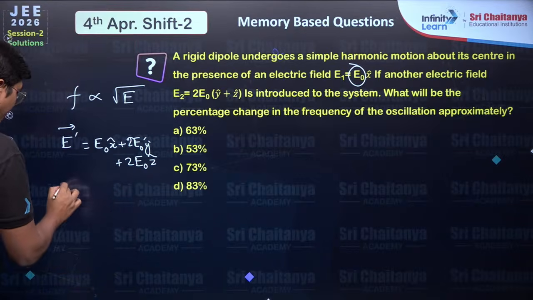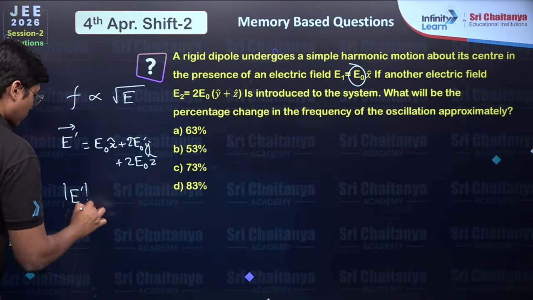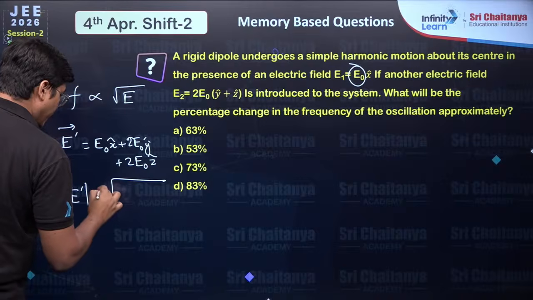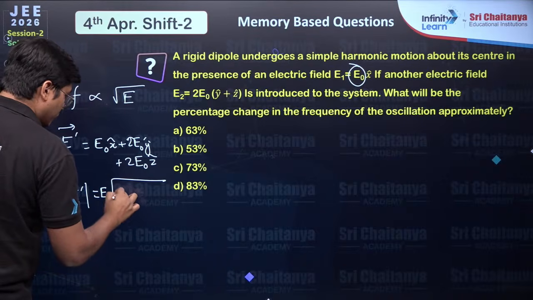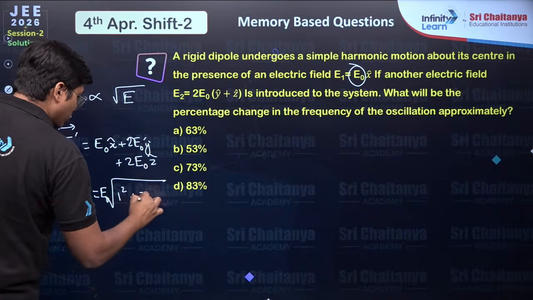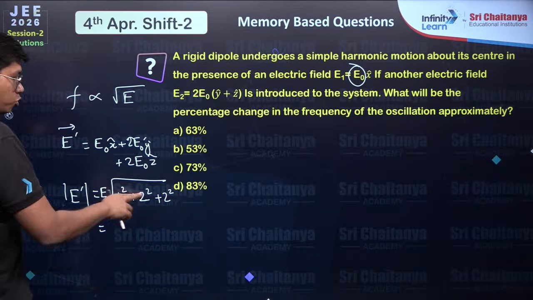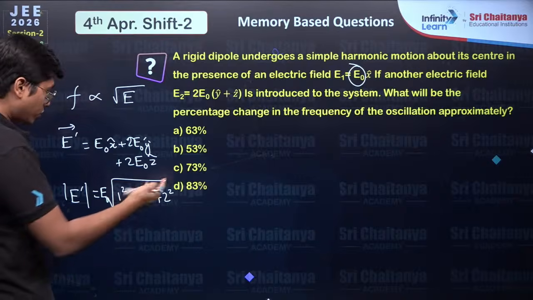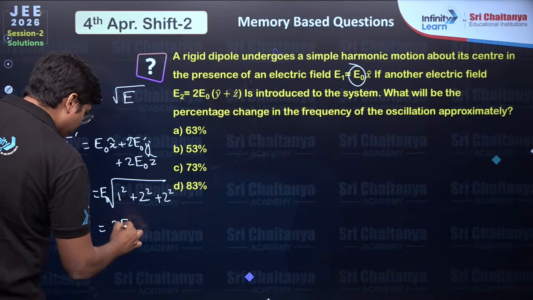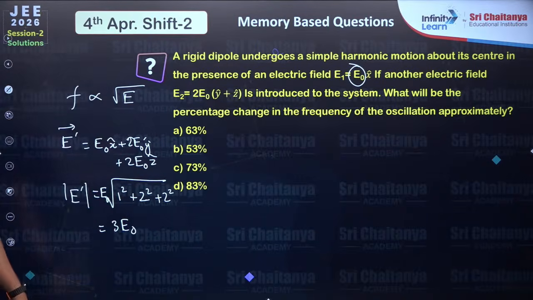So if I go for the magnitude, root over of the E naught I can take out. I have this coefficient 1 square, coefficient 2 square, coefficient 2 square. This is 1 plus 4 plus 4, that's 9, root 9 is 3, 3 E naught.